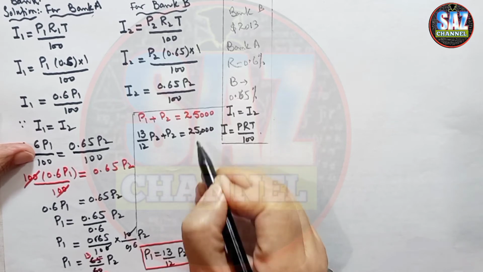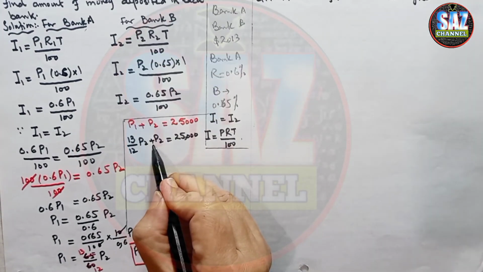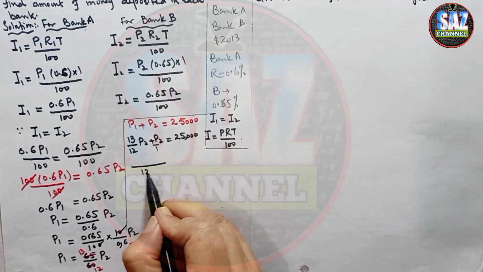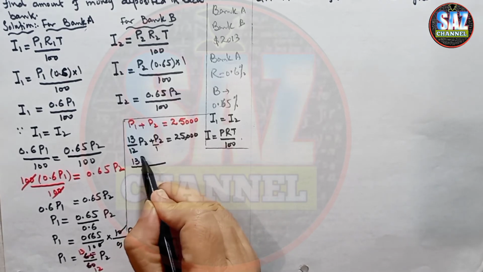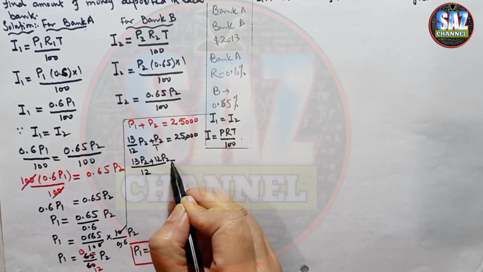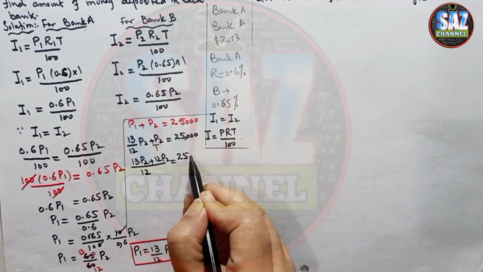Now take the LCM. Here the denominator is 1, so the equation will take the form, 12 will be the LCM, 13 P2 plus 12 P2 equals 25,000.